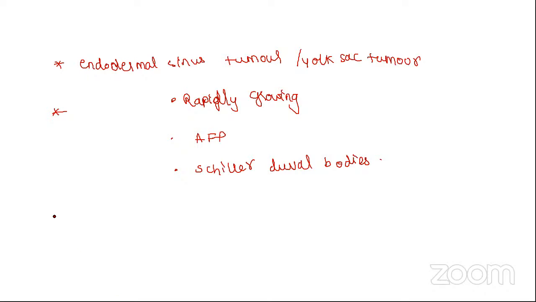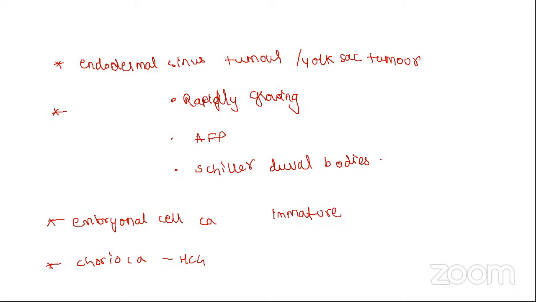Okay. Next, embryonal cell carcinoma. We also have choriocarcinoma, non-gestational choriocarcinoma. The tumor marker for non-gestational choriocarcinoma is HCG. And you also have immature teratoma. Immature teratoma is the most common malignant germ cell ovarian tumor.